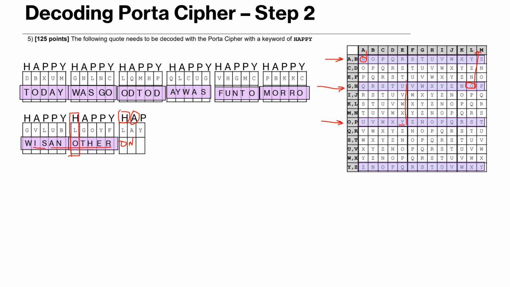So the corresponding plain text for Y is the column header here, which is E. So the plain text is overall, today was good, today was fun, tomorrow is another one. Okay, so that is the decoding.